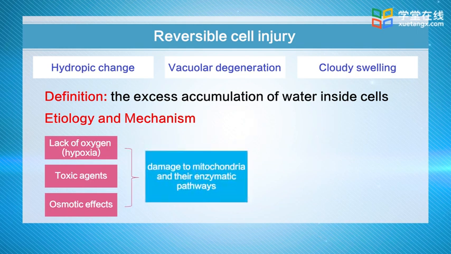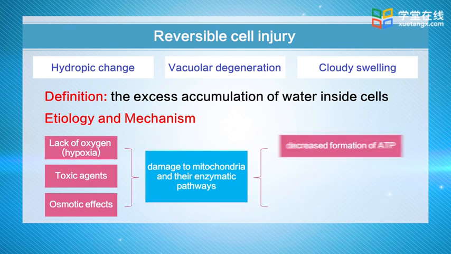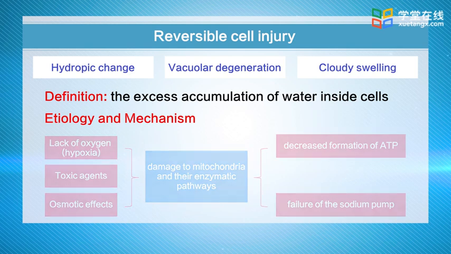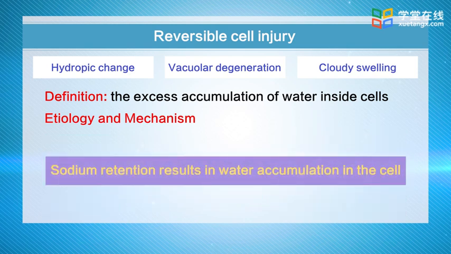These factors all cause damage to mitochondria and their enzymatic pathways, leading to decreased formation of ATP. This makes less energy available for all the energy-requiring reactions in the cell. In particular, this leads to failure of the sodium pump, which is located in cell membranes. Sodium retention results in water accumulation in the cell.